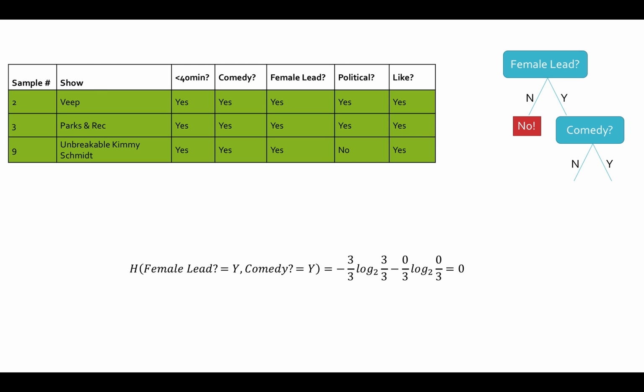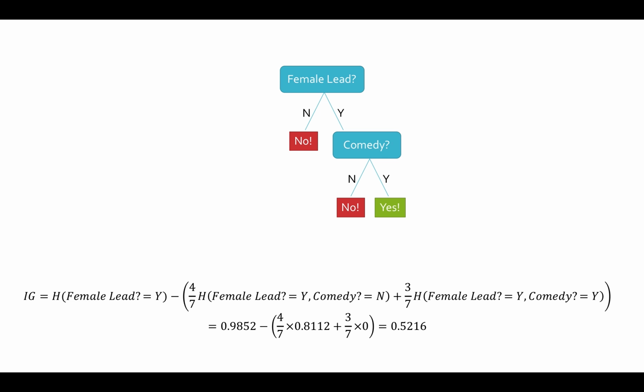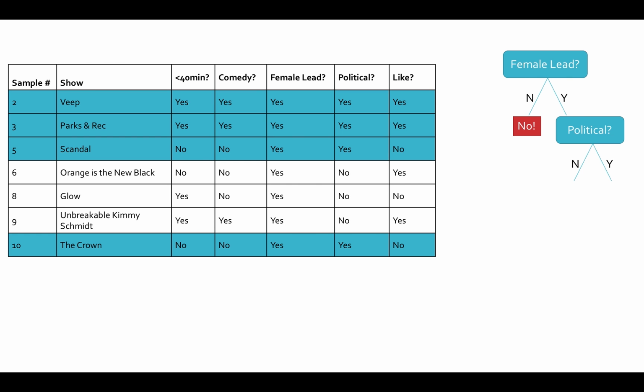On the other side, when comedy equals yes, we like all of those shows. So we have an entropy of 0. That's great news. The information gain is then calculated as follows, and we get 0.52, which is very large. This is looking good. We still have to check the final feature.